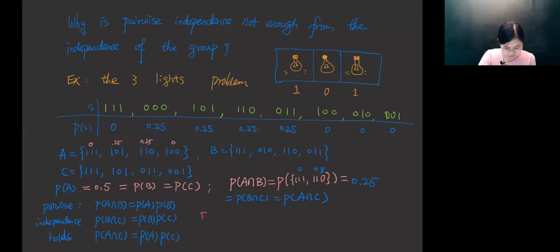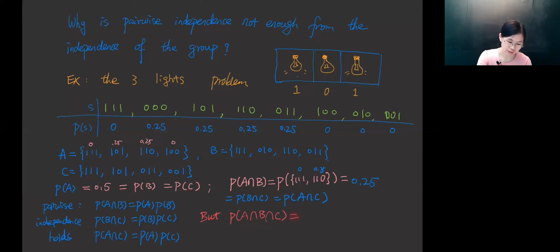But the probability of A and B and C does not satisfy the product rule. What is the set A and B and C? The common element of A, B, and C is 1, 1, 1.